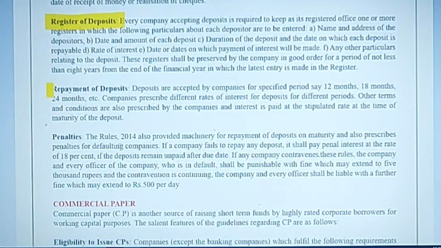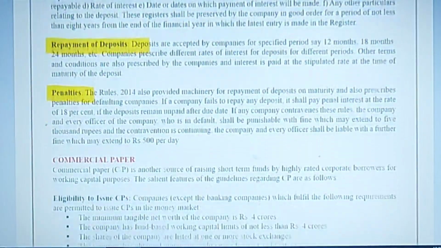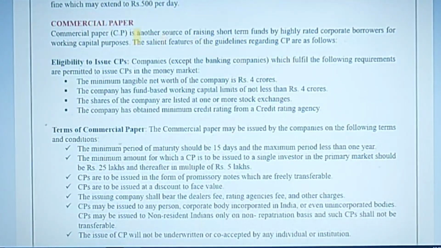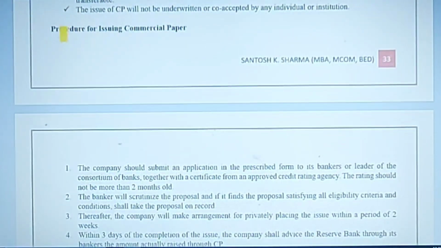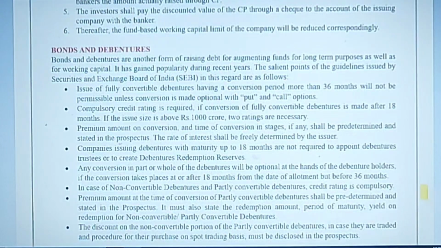Then the registration process, repayment of the deposits, and what the different penalties are that can be charged by the bank. Then comes commercial paper. This is also a money market instrument, and what are the eligibility conditions for issuing commercial paper, and the different terms of commercial paper. A lot of things to remember, in fact, and the different procedures of issuing commercial paper by the company to raise finance.